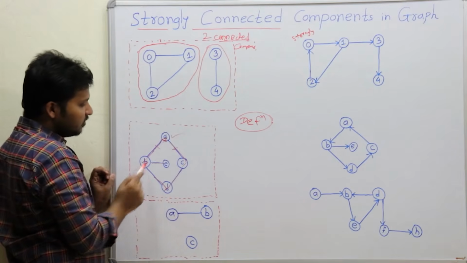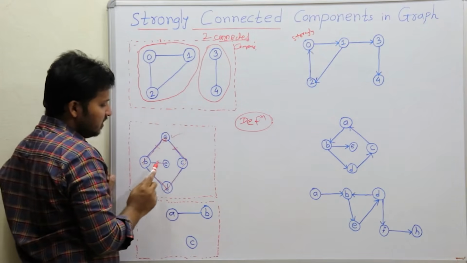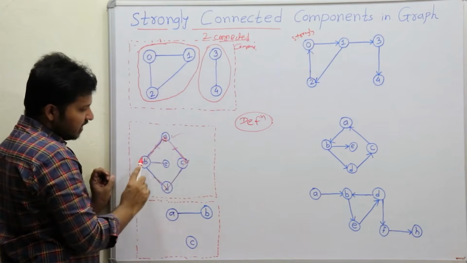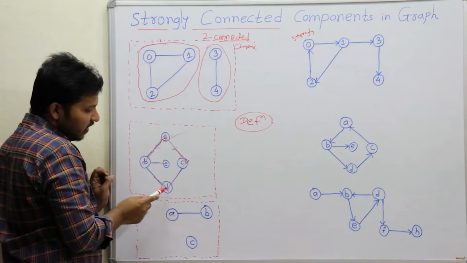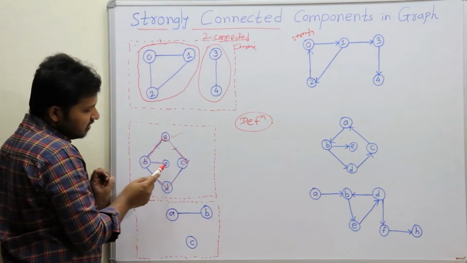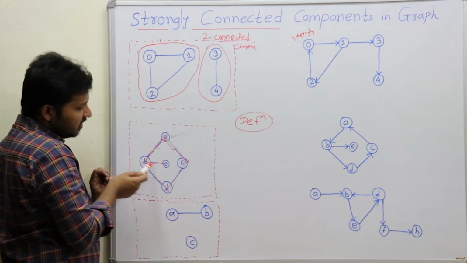Vertex B has a path to A, has a path to D, then has a path to E, and also has a path to C as well. It can reach C, correct? In this way vertex D also has a path to every other vertex. Then vertex E has a path to every other vertex through B, correct?